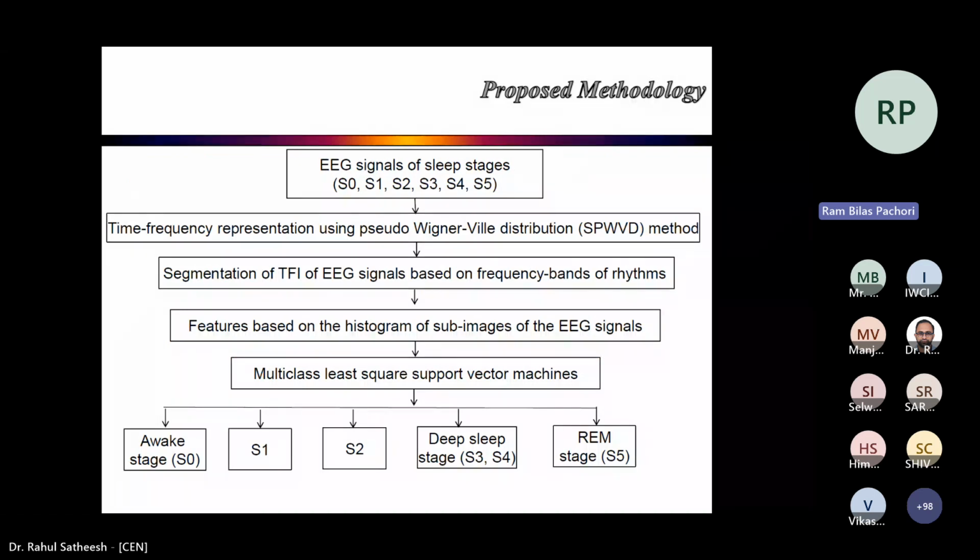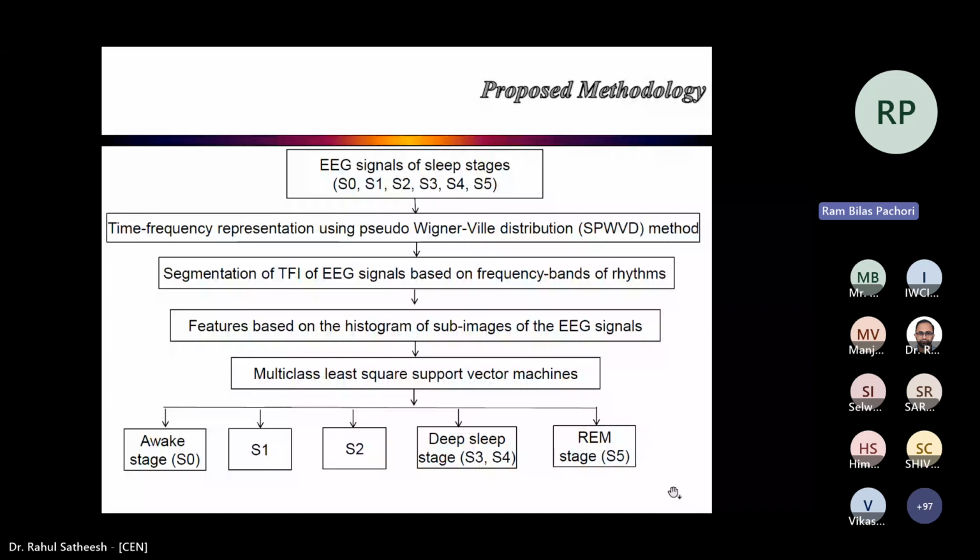So this is the proposed method, and we have EEG signals of sleep stages S0, S1, S2, S3, S4, S5, so 6 stages, and for the American Academy of Sleep Medicine they can be 5. Then we apply a time frequency representation computed using the pseudo Wigner distribution method. This represents the energy as a function of time and frequency. Energy is a positive quantity, so we can convert this energy into the intensity of an image. So this time frequency distribution is converted into a time frequency image.